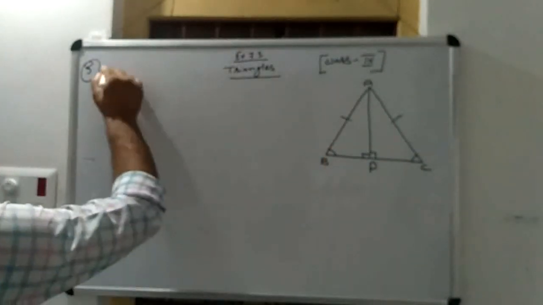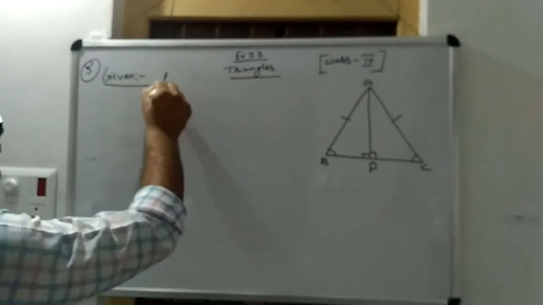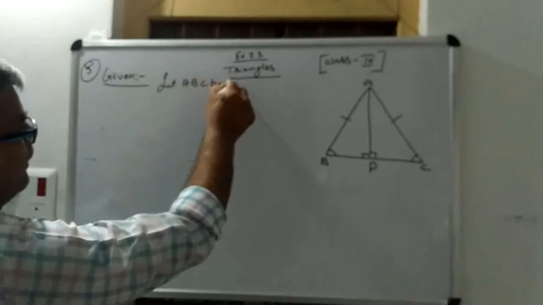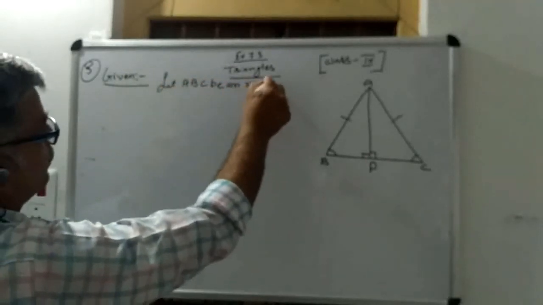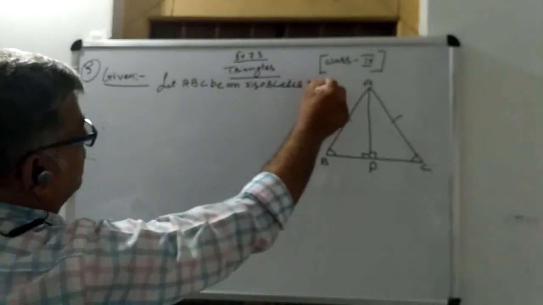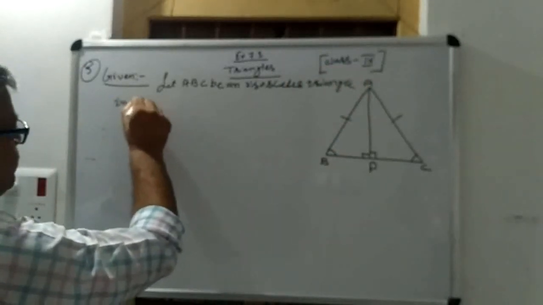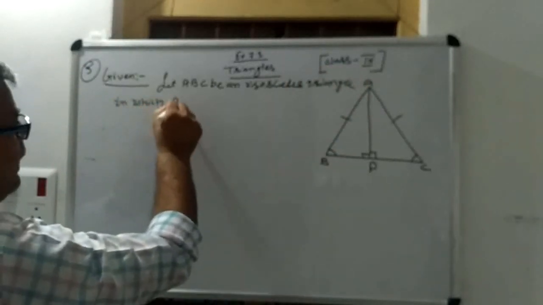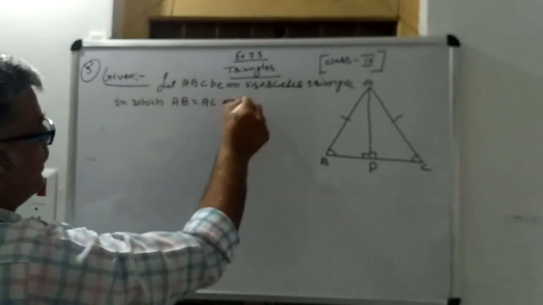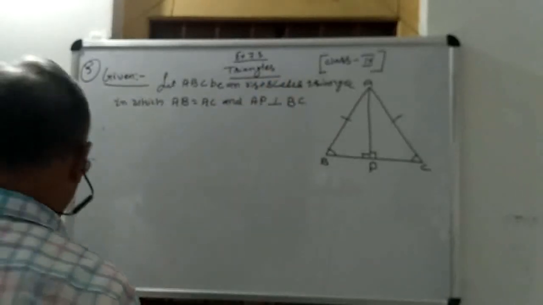So first you write what is given. Let ABC be an isosceles triangle in which AB equals to AC and AP is perpendicular on BC.